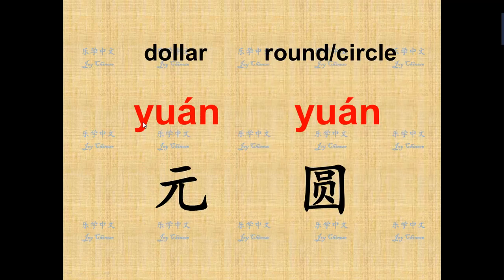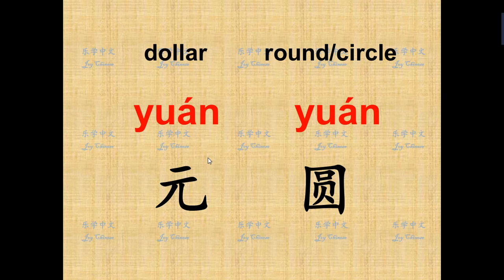The next pronunciation is yuan. It's a combination of yi and yuan, second tone. Yuan. So both of these two characters have the same pronunciation and the same meaning in the case of dollar. So for example, we say Chinese yuan, actually it's Chinese dollar.